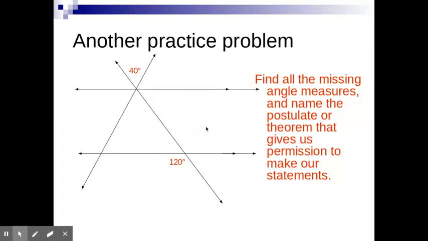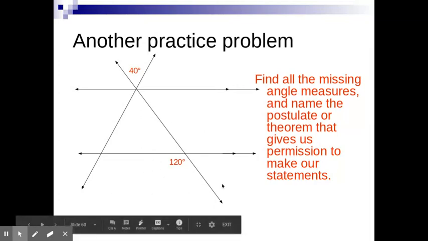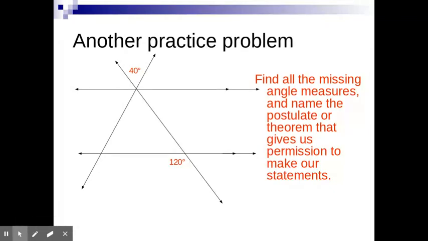So alternate interior, you can use abbreviations, AI, corresponding, same side interior, same side exterior. Use that to figure out the missing angle. And then I'm going to put a post on Google Classroom under classwork, and you can submit it on there. So that's going to be your assignment for Thursday for both your classes.